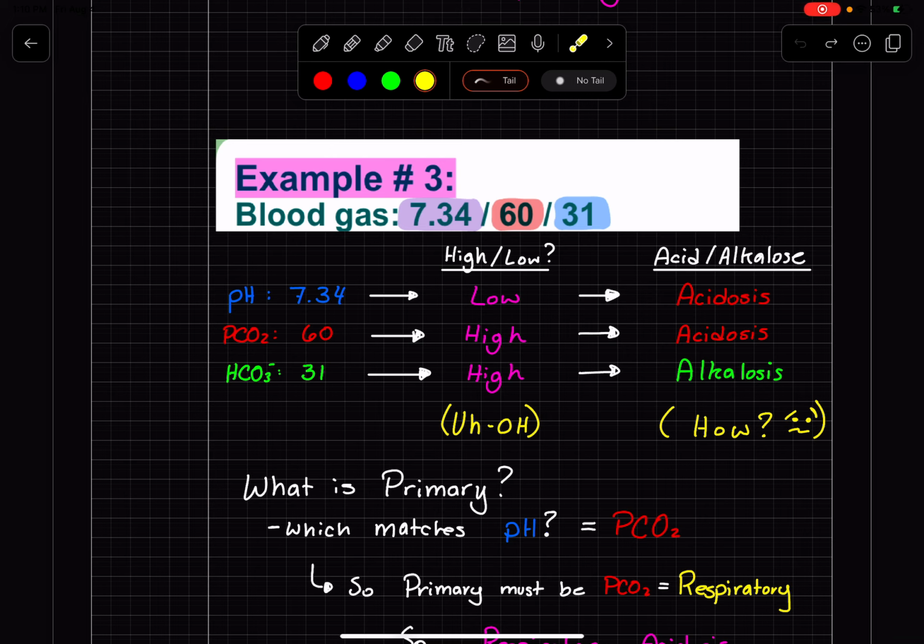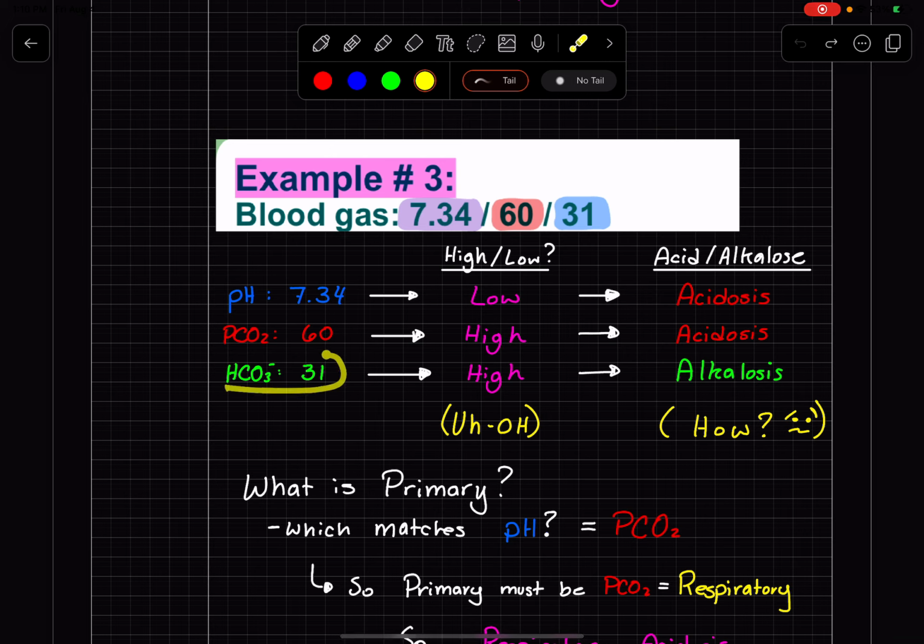Is that a high CO2, low CO2, or a normal CO2? That's a really high CO2. I haven't been in clinic, so I don't know if that's super high, but that seems pretty high. So high CO2. A high CO2 we see as acidic because we see CO2 as acid. So when we have high acid, it's acidosis.